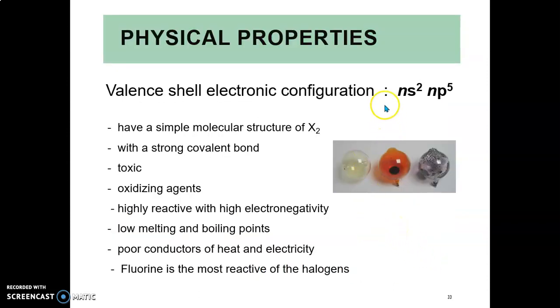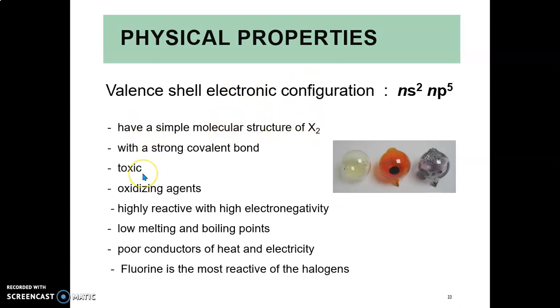Physical properties of the halogens. Halogens have a simple molecular structure of X2, for example F2, Cl2, Br2, with a strong covalent bond.